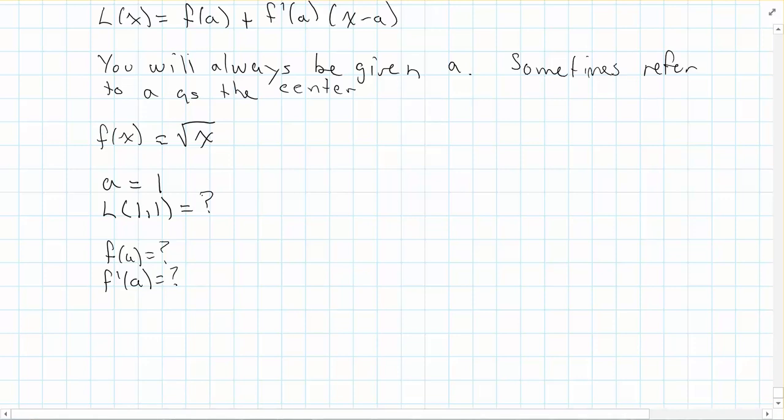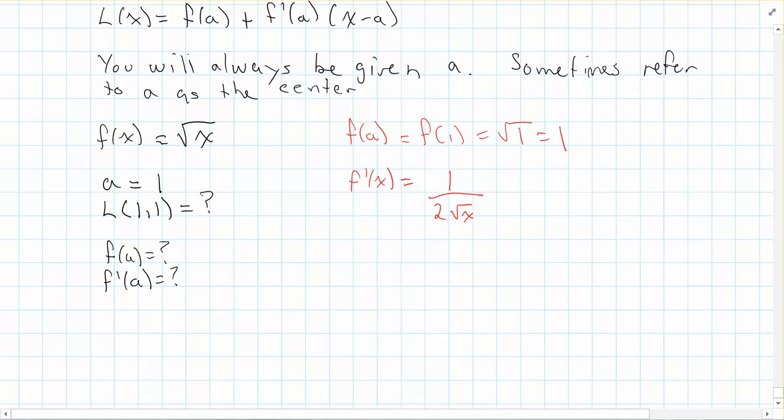Well, f at a, I'll just write it over here in red. F at a is easy. F at a is just f at 1, which is the square root of 1, which is 1. And then for f prime, we need to know what f prime at x is. F prime at x would be 1 over 2 square root of x. That's just taking the first derivative.